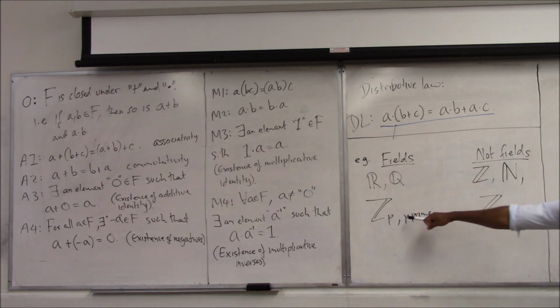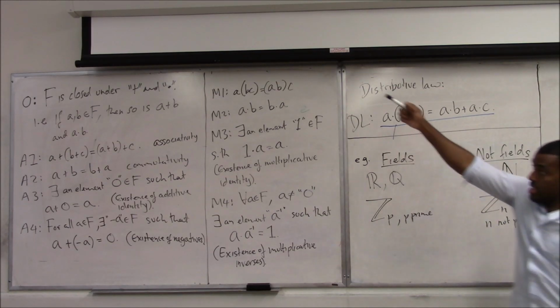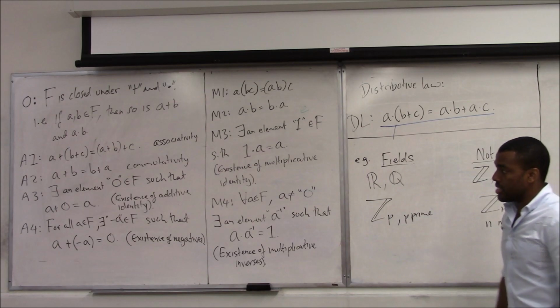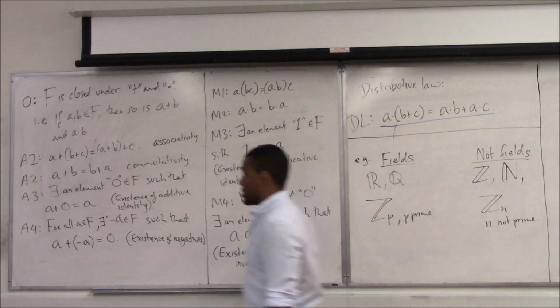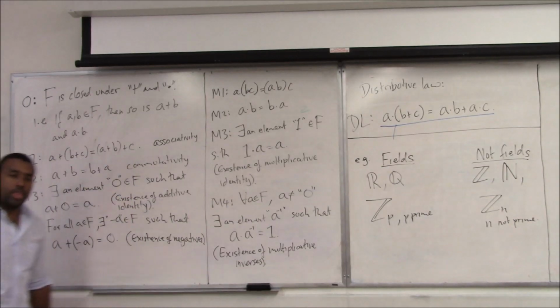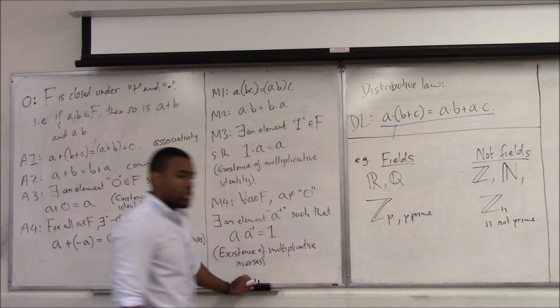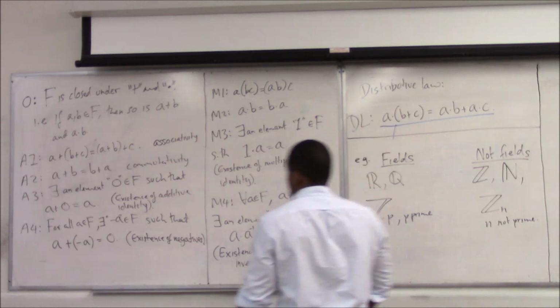While if your N is prime, you're looking at mod a prime integer. That set of equivalence classes will fulfill all these properties, right? But your 0 and your 1 might look different, right? They're actually infinite sets as opposed to just a single element. But the properties will hold. So that's what defines a field. So now let's talk about an order.